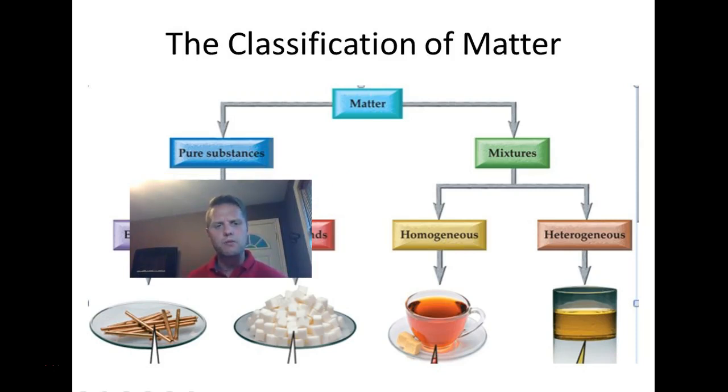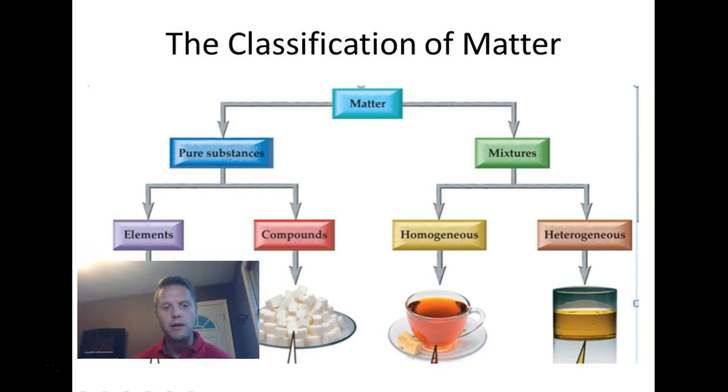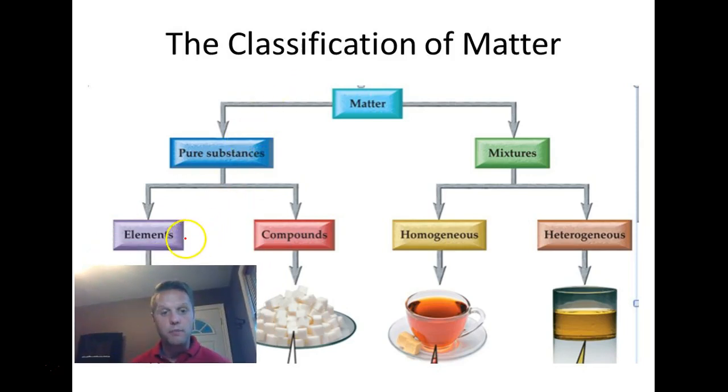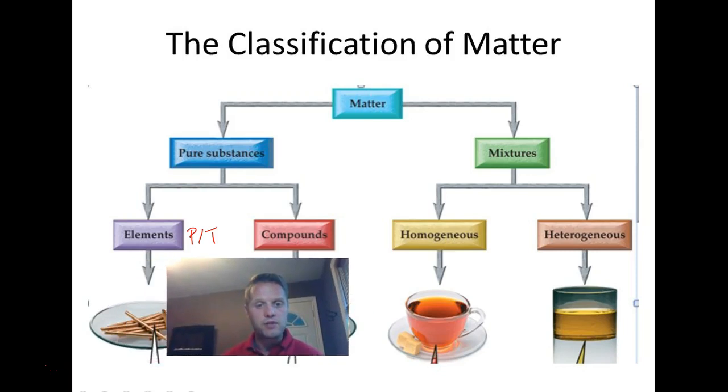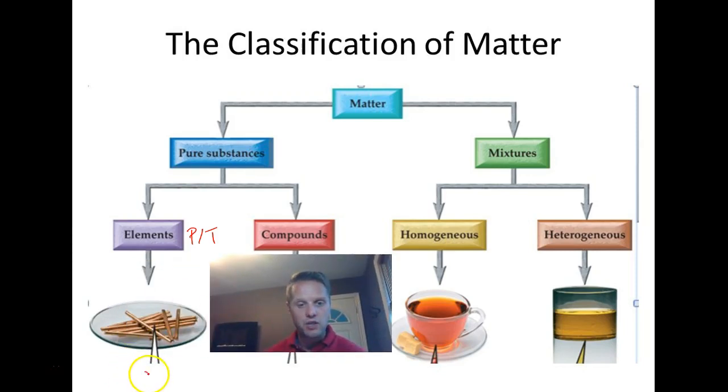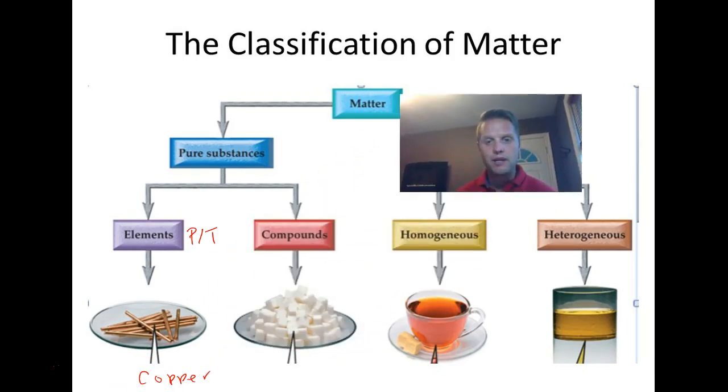Of the pure things, we can have elements, which are found on the periodic table, and we can have compounds, which are combinations of elements. For example, elements are anything on the periodic table. This is actually copper, which goes by the element symbol Cu. Compounds are combinations of elements.